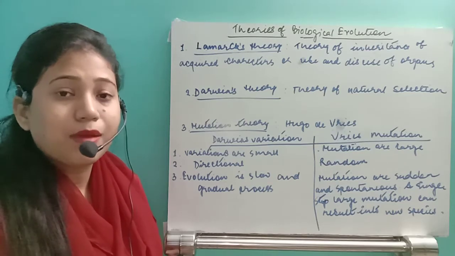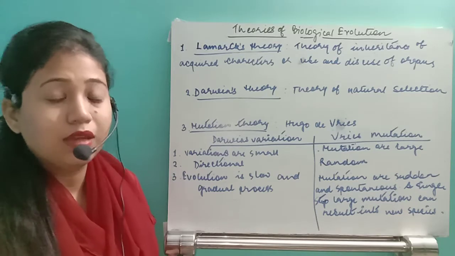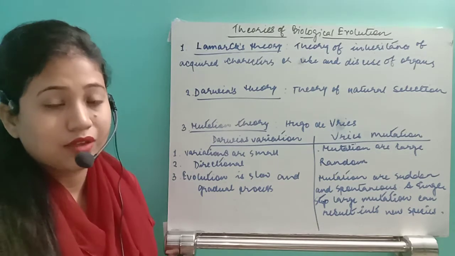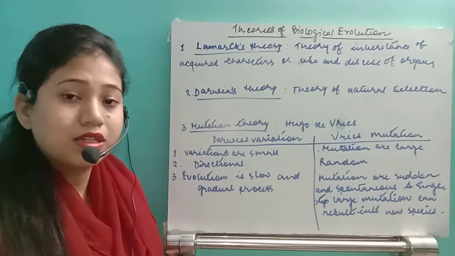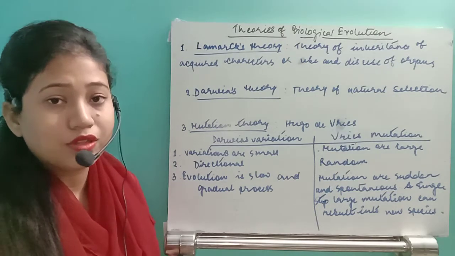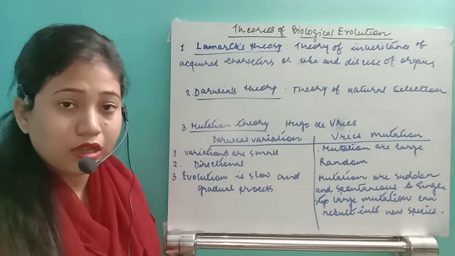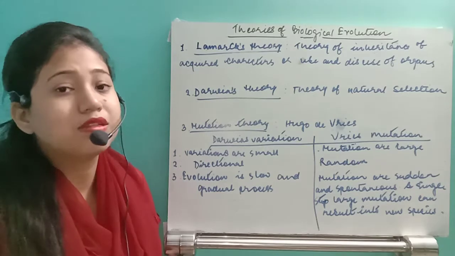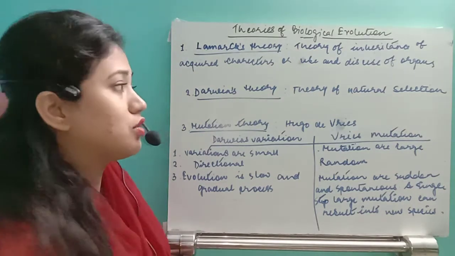But nature keeps control on the species by limiting sources like food, air, water, shelter, etc. Ultimately, due to the control of nature, the population of the species remains constant. That is called natural selection.